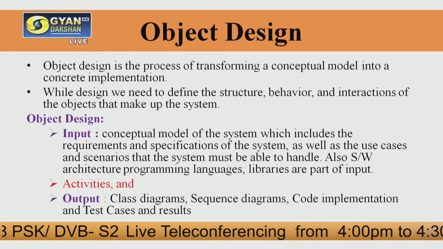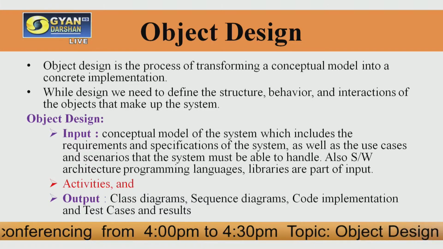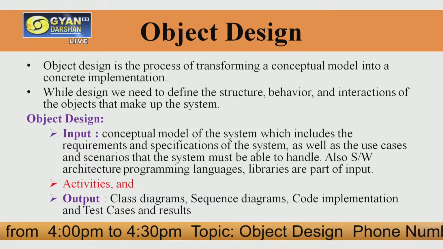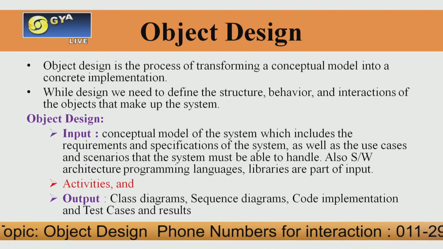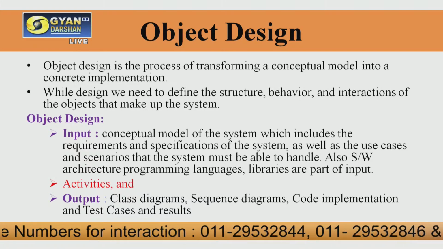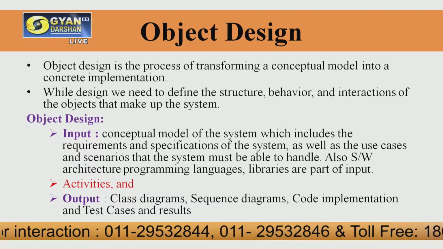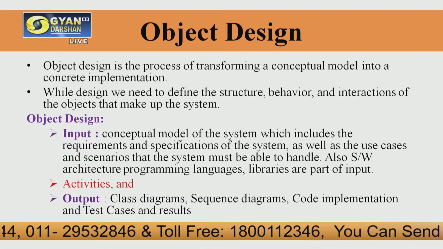Now, what kind of input will we give in the object design? When we are designing an object, what are the things which are expected to be taken as input while designing? We can say the conceptual model of the system, which includes the requirement specification of the system, as well as the use cases and scenarios that the system must be able to handle.